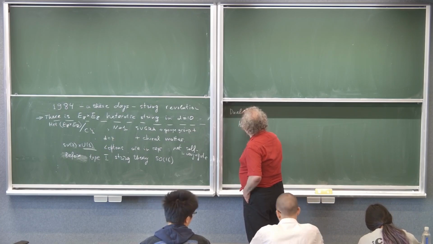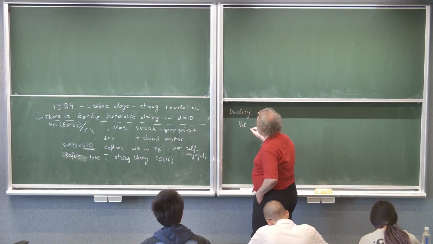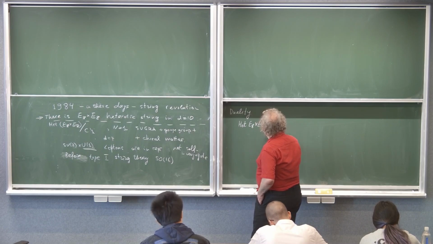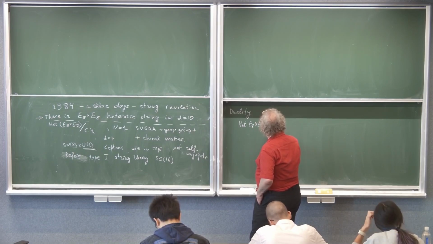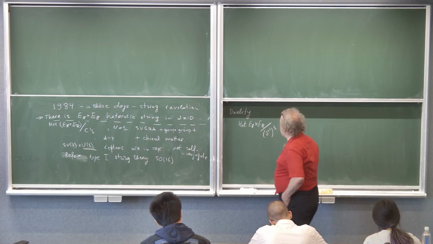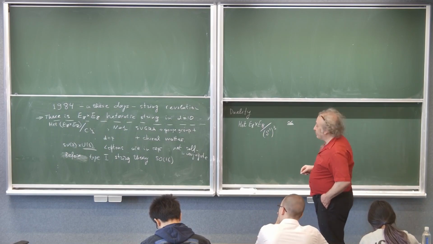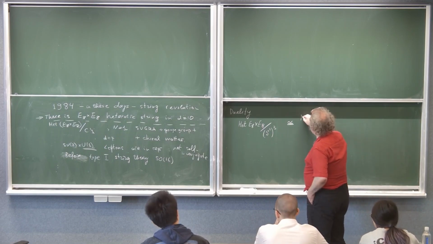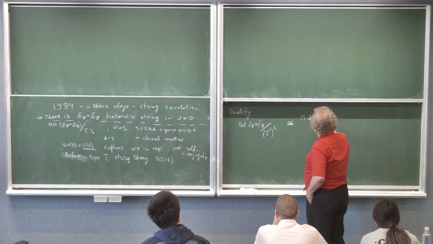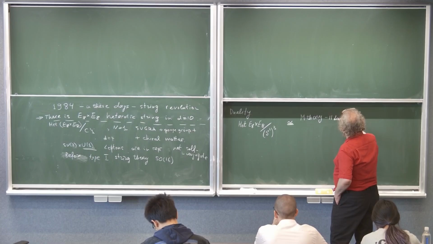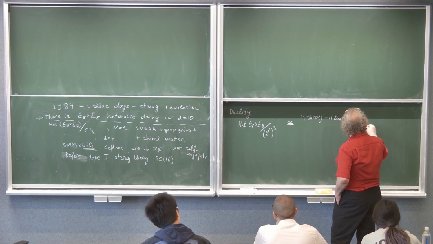So that heterotic string E8 times E8 compactified on S1 to the 3 is isomorphic to M theory, that is 11-dimensional supergravity, on K3.